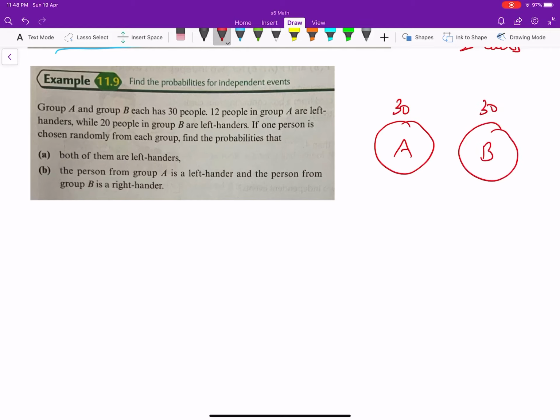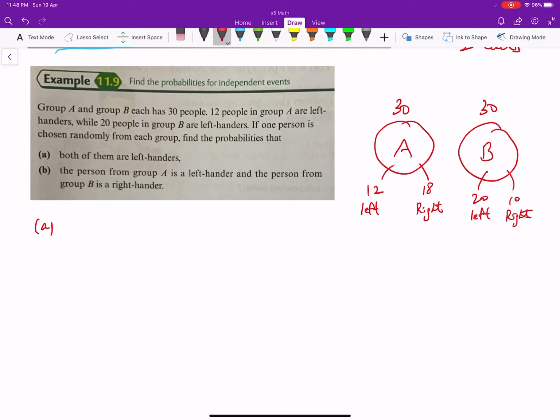In group A, 12 people are left-handed, so you can get this yourself: 18 are right-handed. And in group B, 20 are left-handed, and so 10 are right-handed. After we write down this information, it will get easier to do the questions.